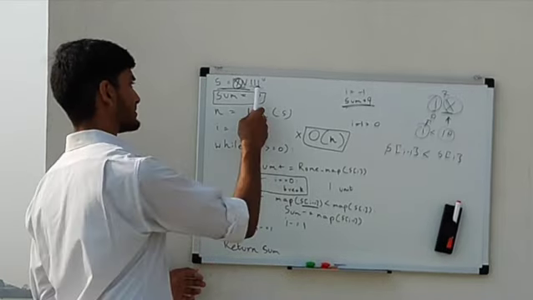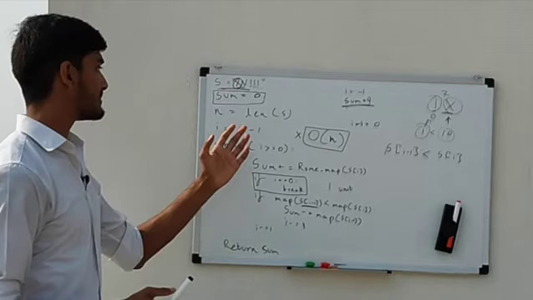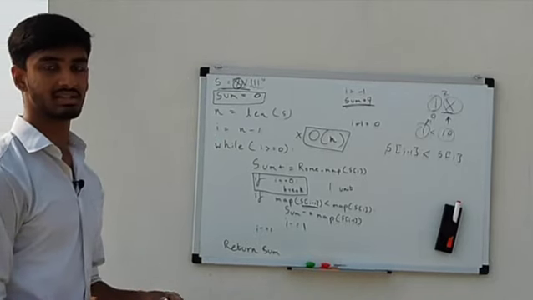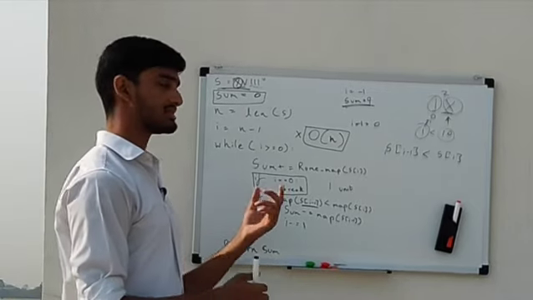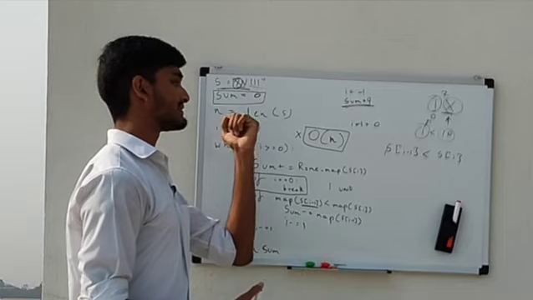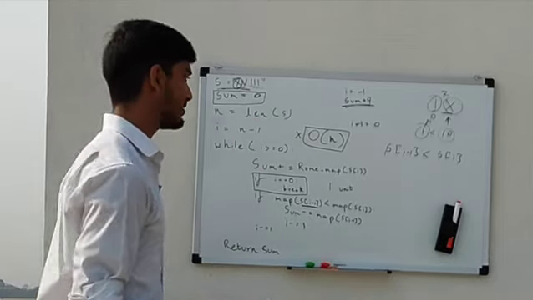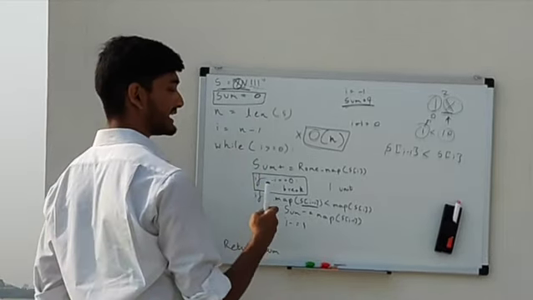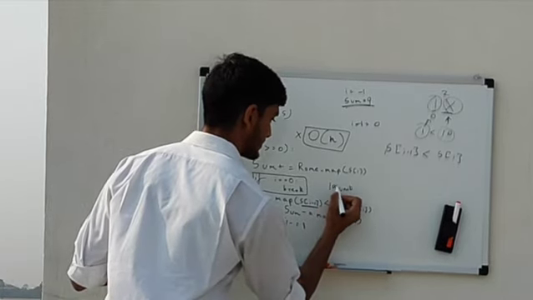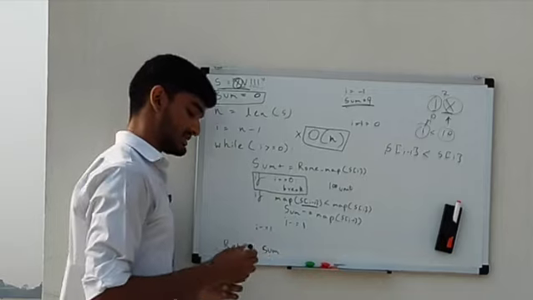And for all these ones, it will take 4 units of time. Now imagine if the Roman numeral had 100 digits, and every Roman value of the particular Roman numeral would take 100 units to process the particular if condition.